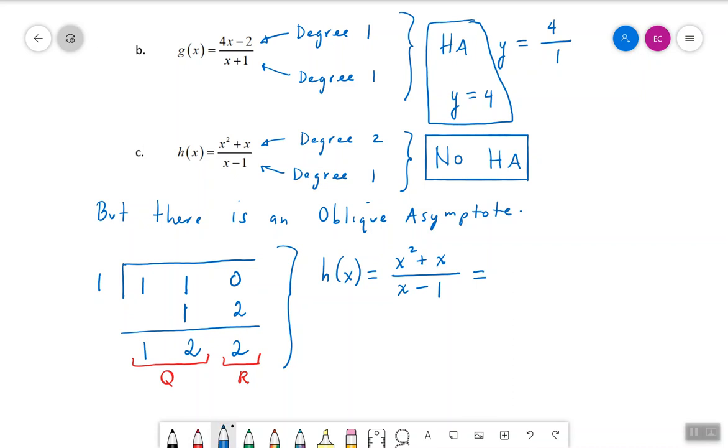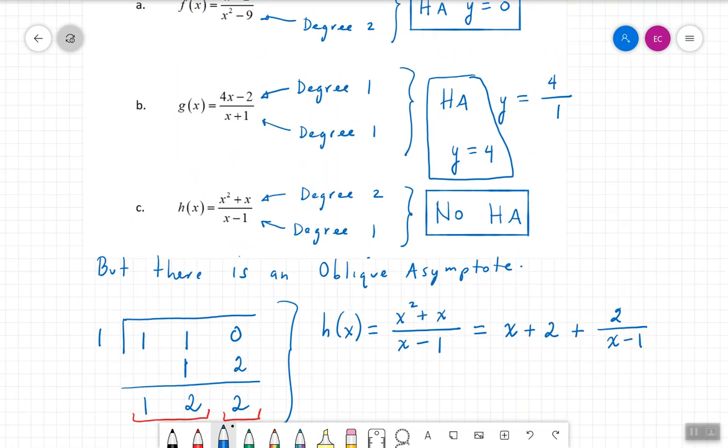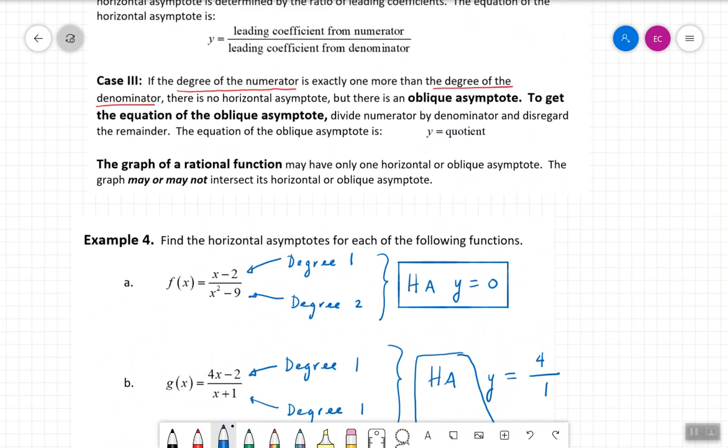And we can write the function as the quotient 1 times x plus the constant 2, plus the remainder over the divisor. Okay, so now that we've rewritten h of x, let's go back and see how that's going to help us.